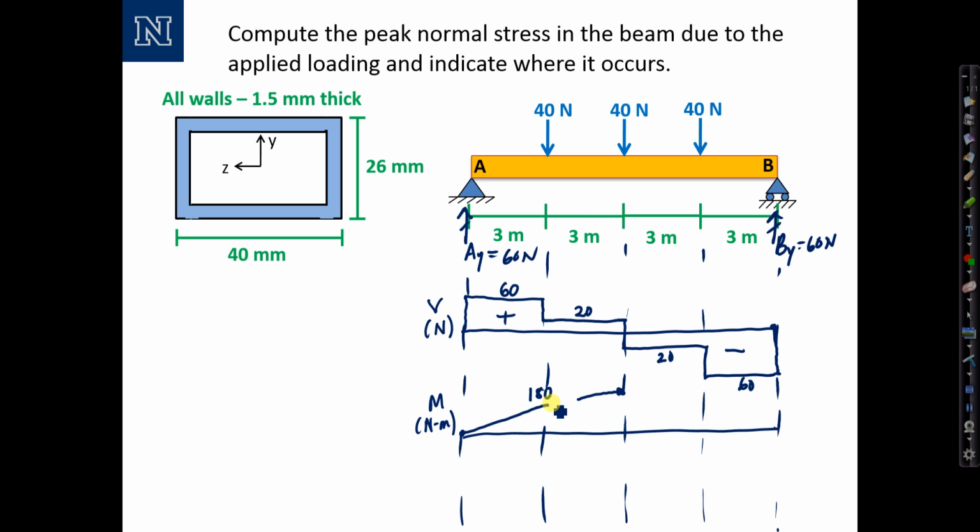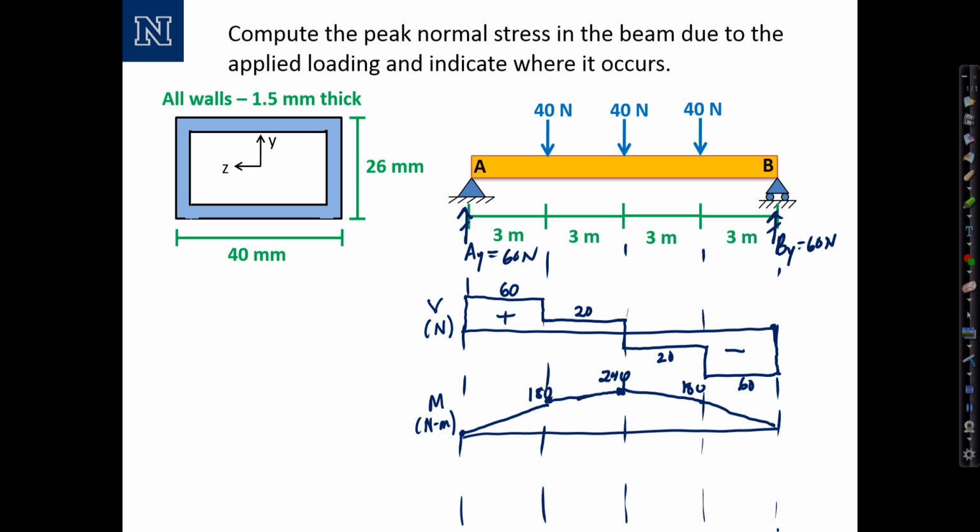The value at the middle is 180 plus 20 times 3, or 240. And then it decreases down to 180 and comes back to 0, which we could easily check. But the symmetry of the moment diagram is in part due to the anti-symmetry of the shear diagram. So our maximum moment, note, occurs in the center of the beam, 240 Newton meters.